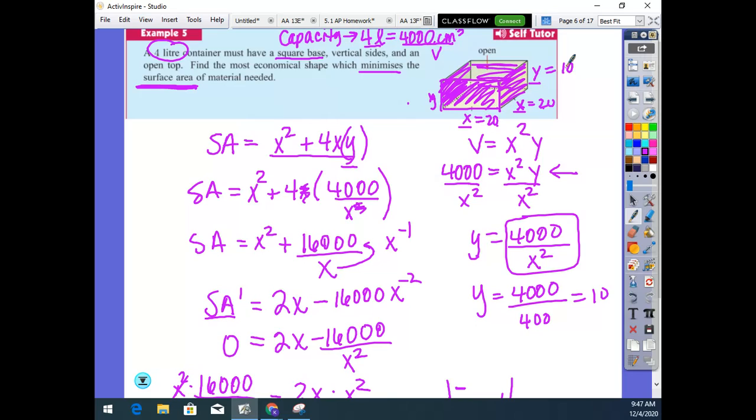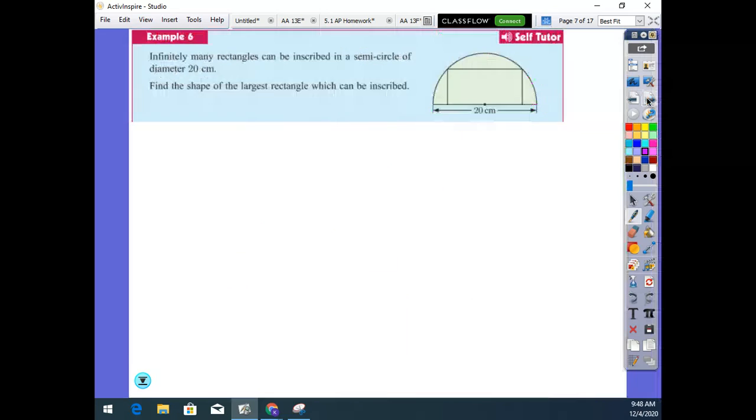So my shape is going to be 20 centimeters by 20 centimeters by 10 centimeters. Now, I'm going to say you're not going to be able to do all of this on your own. But your goal is to do a little bit more and a little bit more, so we can get at least half our points with this. All right, last example.